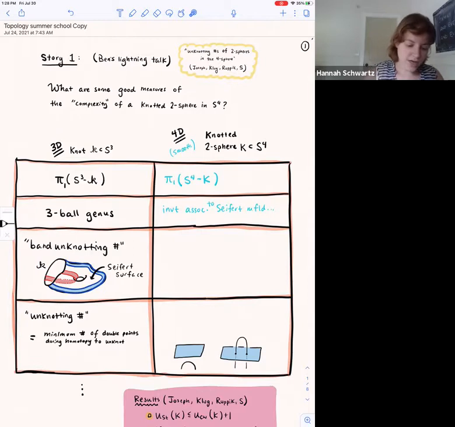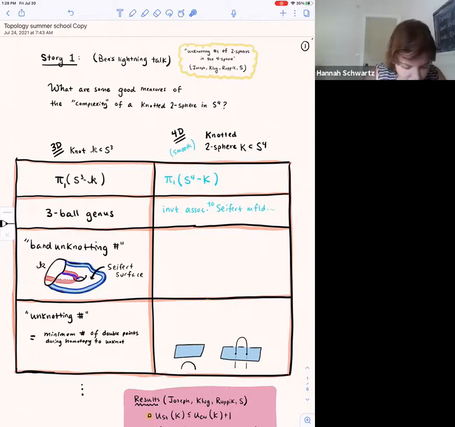So, okay, I want to start by thinking about the band unknotting number of a knot. This is again for a knot in S3. To see it first, I like to think of the knot as bounding a Seifert surface. This is a genus 1 Seifert surface that I drew abstractly for some knot.